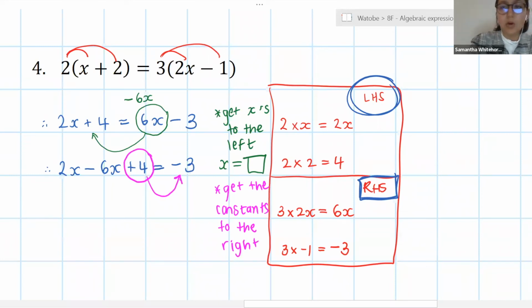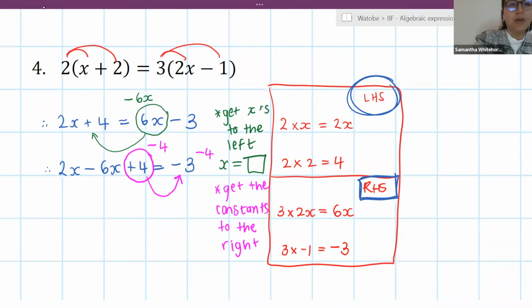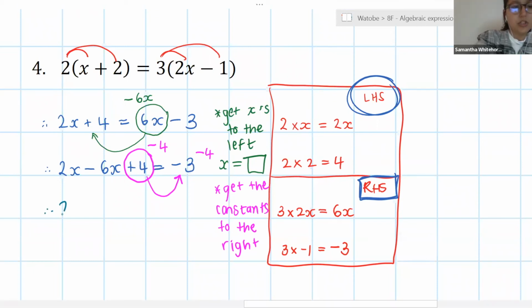And remember, the only way I can do this is to do the opposite. So I need to minus 4 on both sides. What that leaves me with is 2x minus 6x is equal to the negative 3 minus 4. And now you've got like terms on either side of your equal sign.